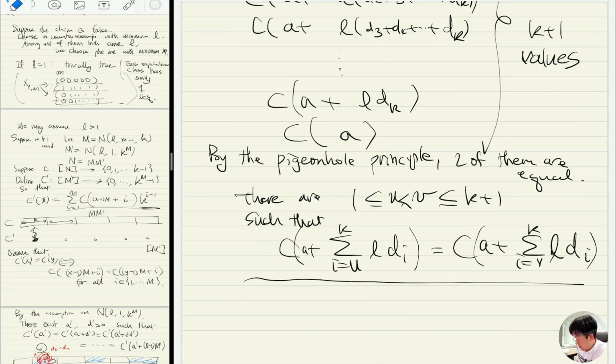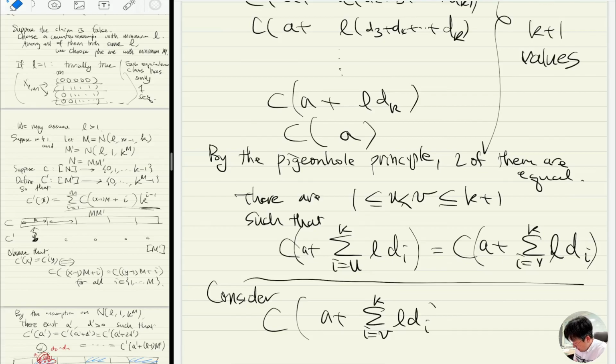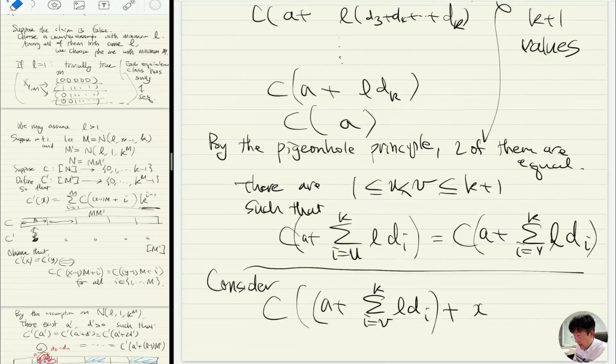Now, what are we going to do? Now consider C of A plus the sum from v to k of L di plus the sum of xi di from 1 up to v minus 1.